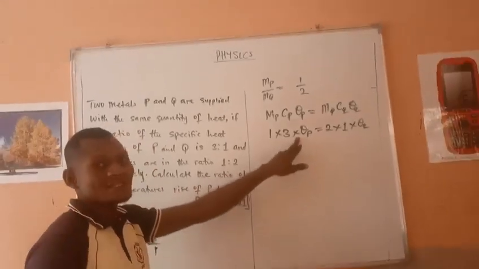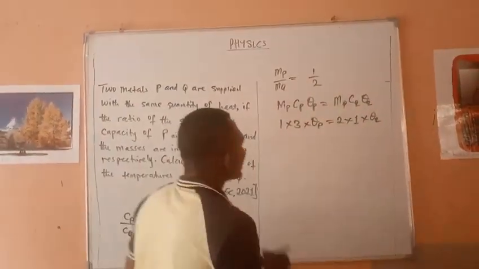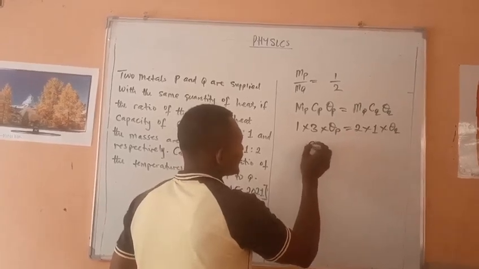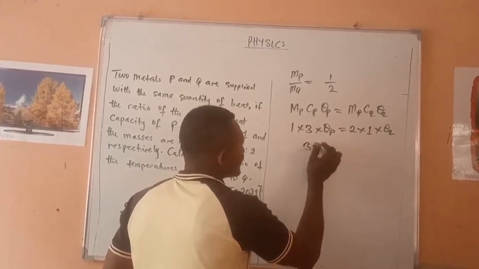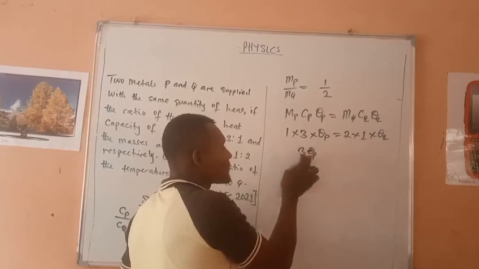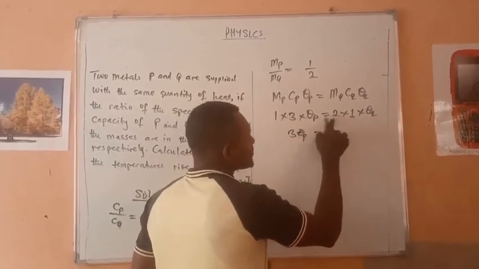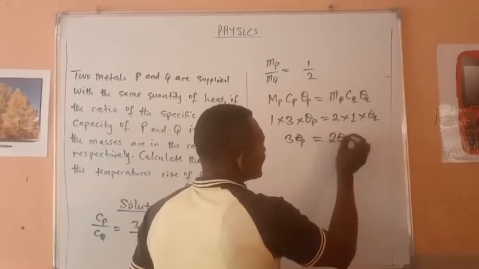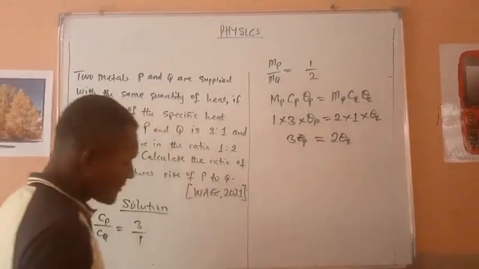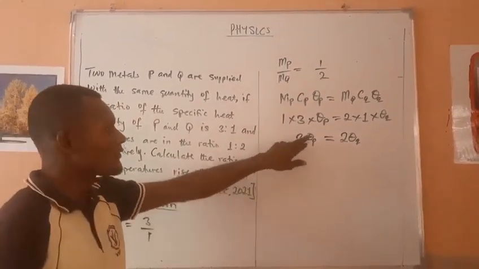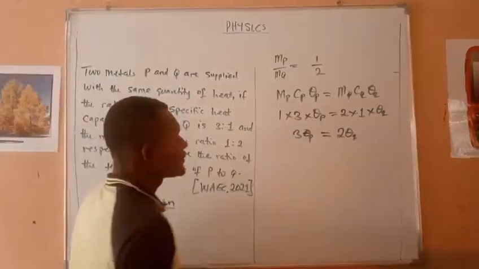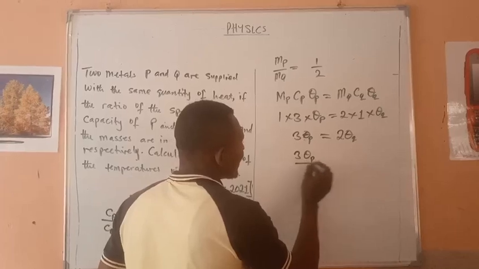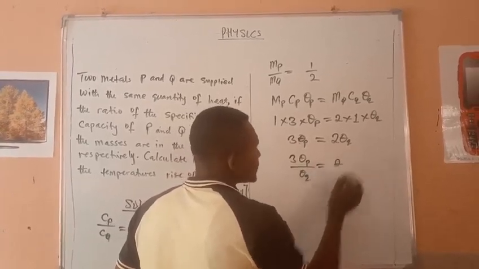Understand that the question is demanding the ratio of the temperature change of P to that of Q. So when you have 1 times 3, it gives us 3, and 3 times the temperature change of P gives us 3 theta P. So 3 times theta P is equal to 2 times 1, which is 2 theta Q. Now, the question is demanding the ratio of P against that of Q, so we divide both sides by theta Q. So 3 theta P divided by theta Q is equal to 2.